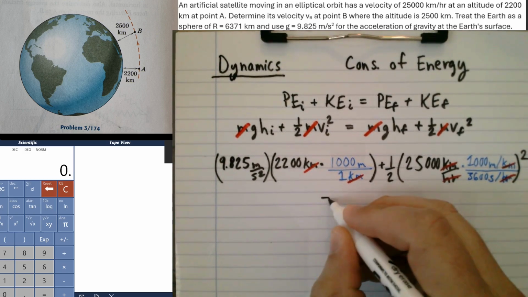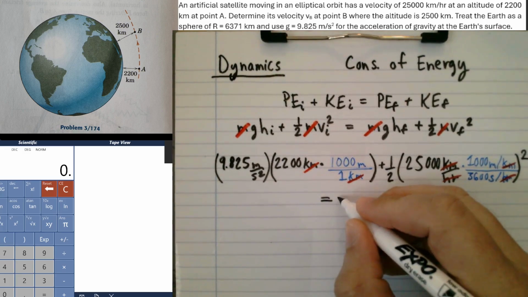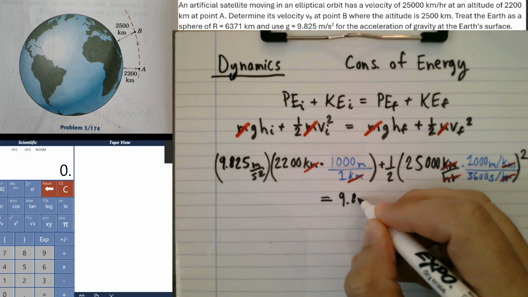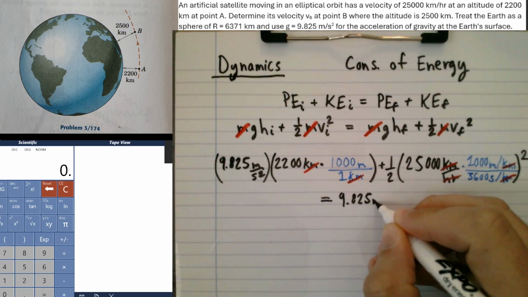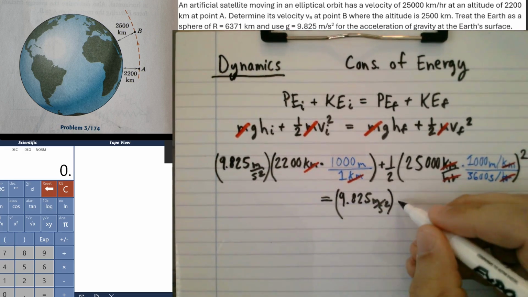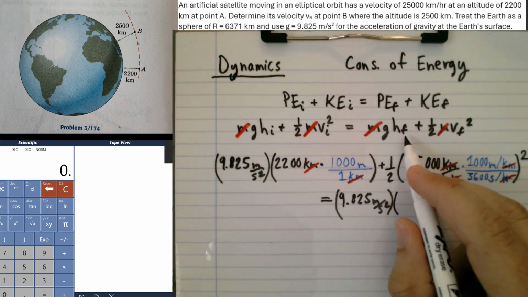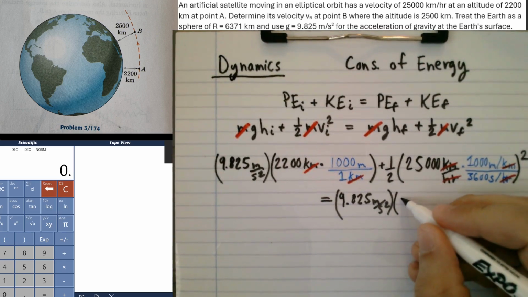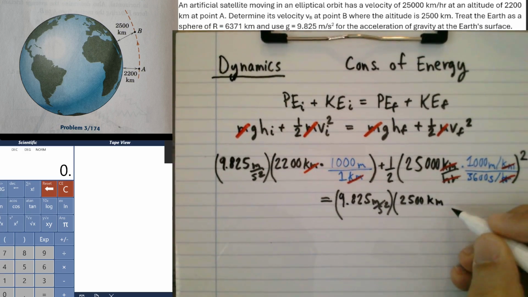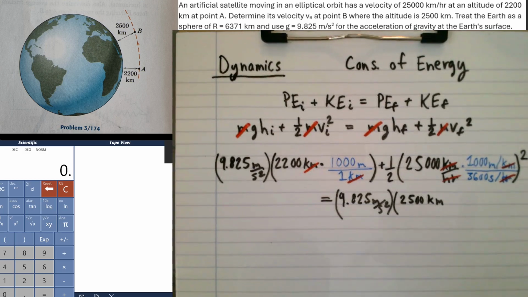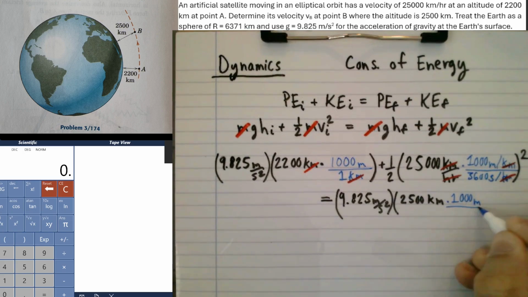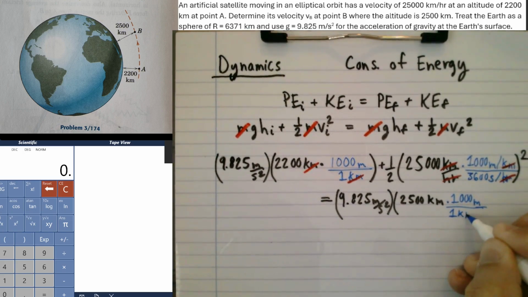This is now going to be equal to the right side of our equation, this term. So we have g again, which is 9.825 meters per second squared. That's multiplied by our final height of the system, which is 2,500 kilometers. We're going to convert that into meters as well, so multiply by 1,000 meters, divide by 1 kilometer.